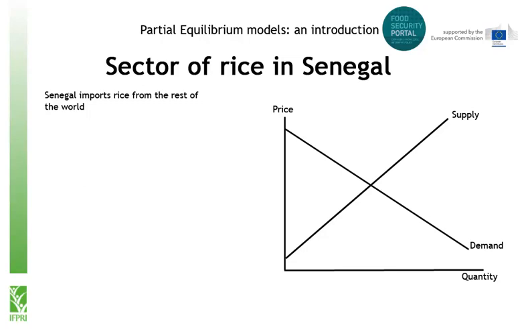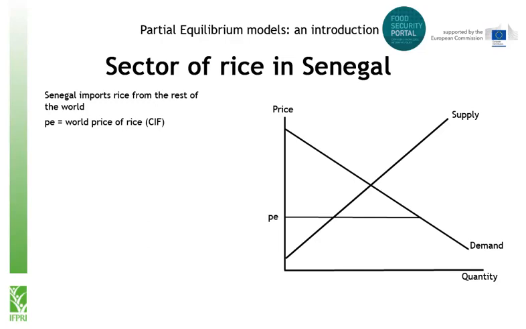In fact, if we consider the world price of rice, which we call PE, it is the world price of rice including the cost of insurance and freight. This price is under the autarky price, which is the price resulting from the intersection of local demand and local supply.